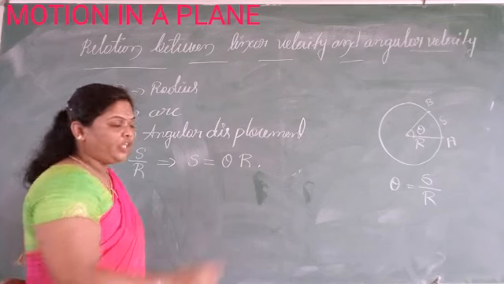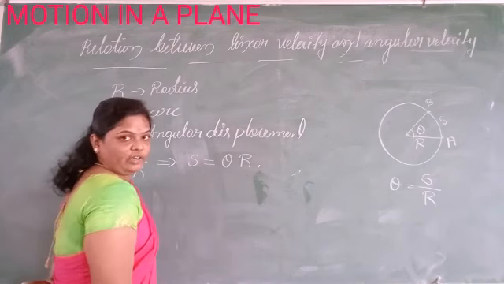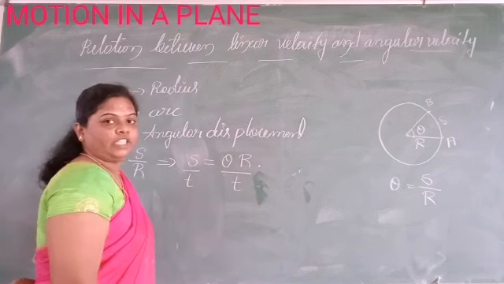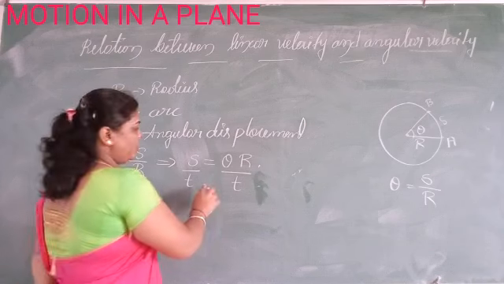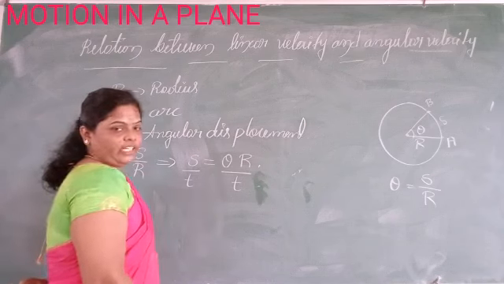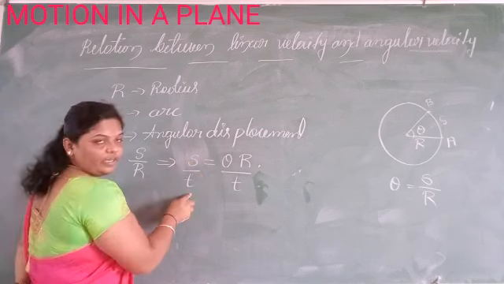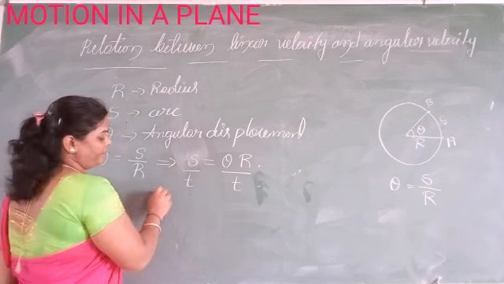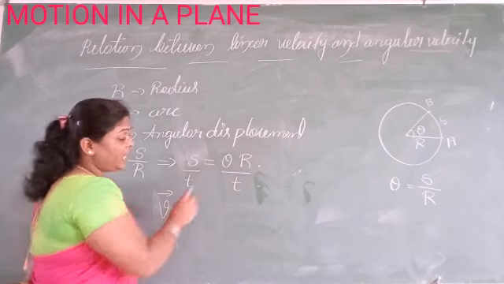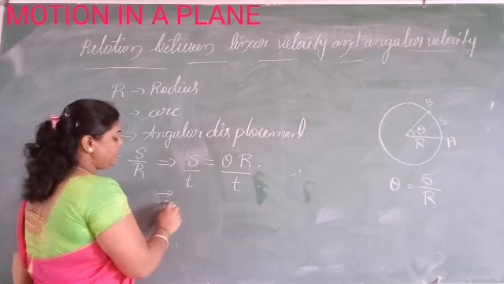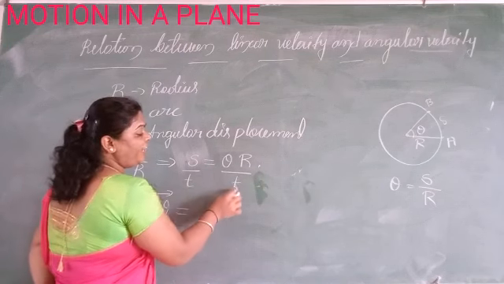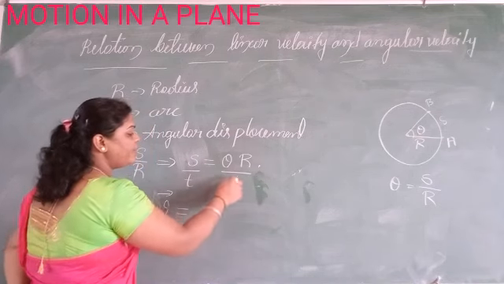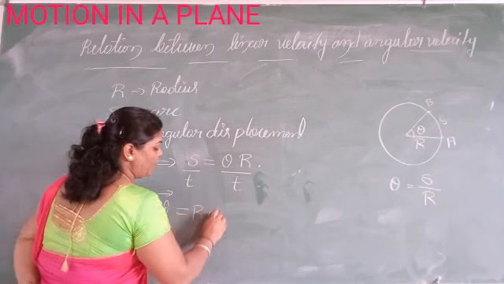Now on both the LHS and RHS, we divide by the time t. S divided by t, the displacement by time taken, is the velocity, that is v. Linear displacement by time taken is v, and theta divided by t is the angular velocity omega, so v is equal to r into omega.